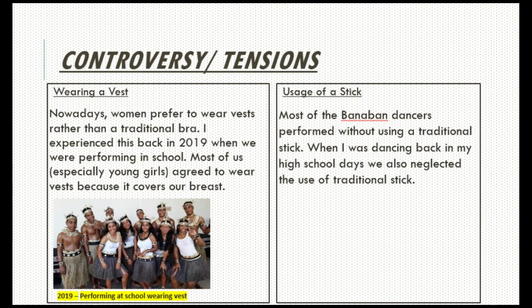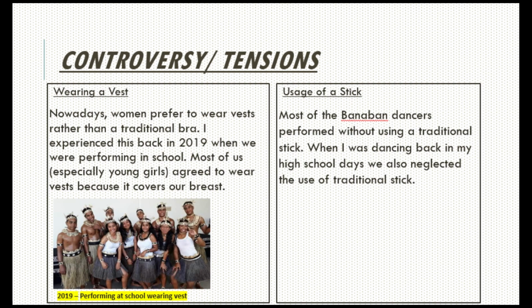Slide 6 is the controversy or tensions. There are 2 points that I'd like to stress where there's a tension about wearing our traditional costume, the Banaban traditional costume. The first point is wearing a vest.